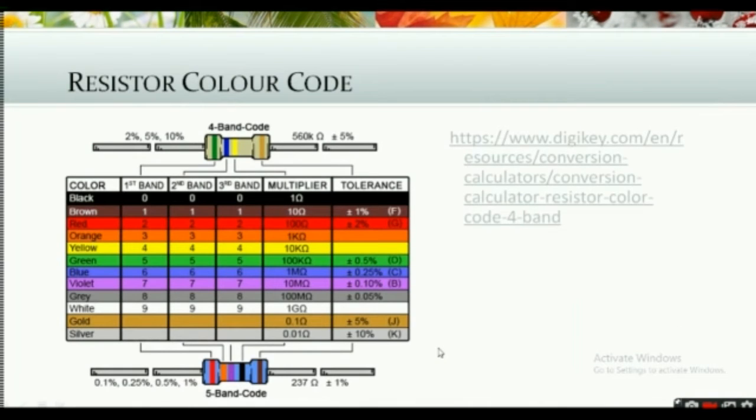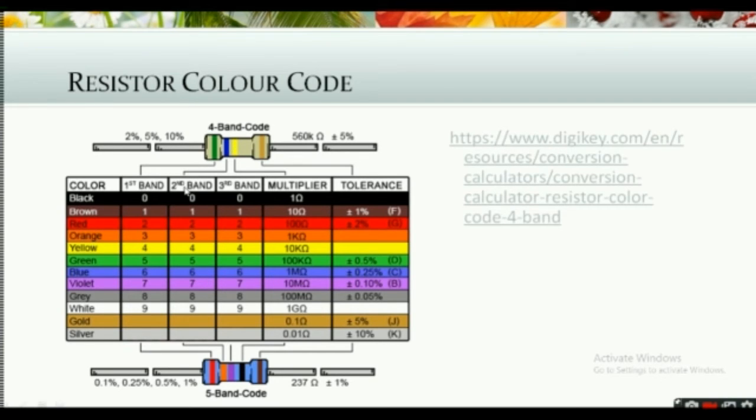We already studied resistor color coding in our school days itself. The colors in the resistor are black, brown, red, orange, yellow, green, blue, violet, grey, white. Now I explain how to find the values of resistors using the color code. Here we have a 4-band resistor.